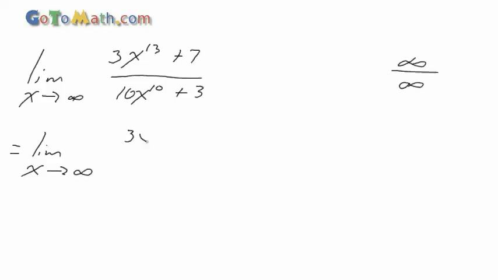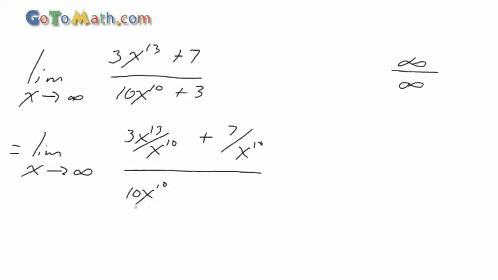Alright, so we got 3x to the 13th divided by x to the 10th plus 7 over x to the 10th, and then we have 10x to the 10th over x to the 10th plus 3 over x to the 10th. Okay? And now let's try simplifying that down a little bit.